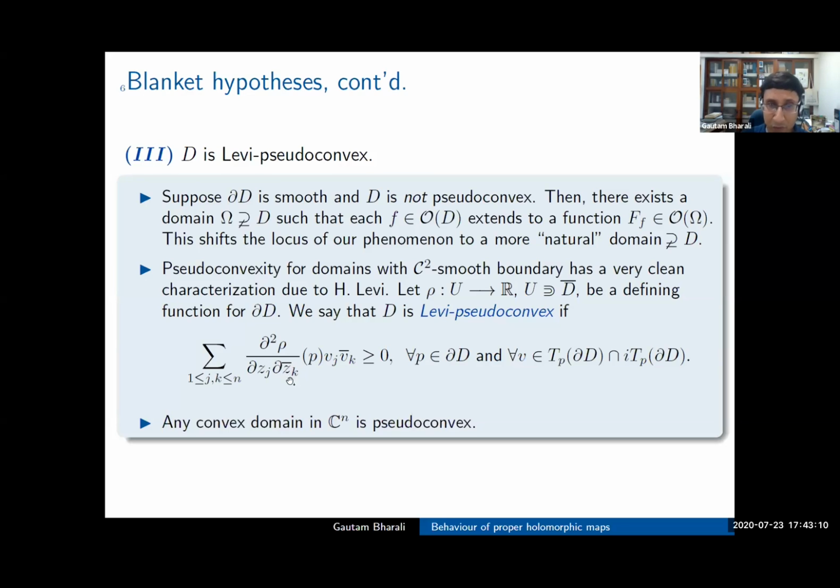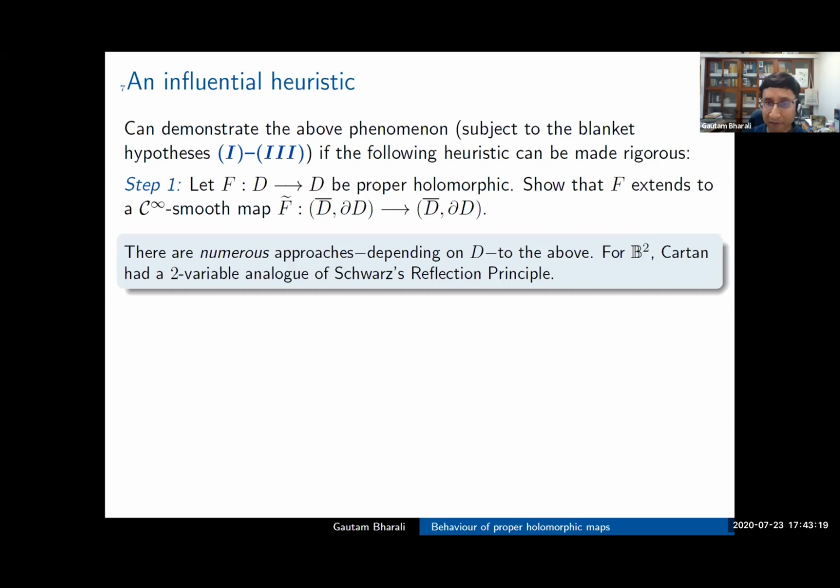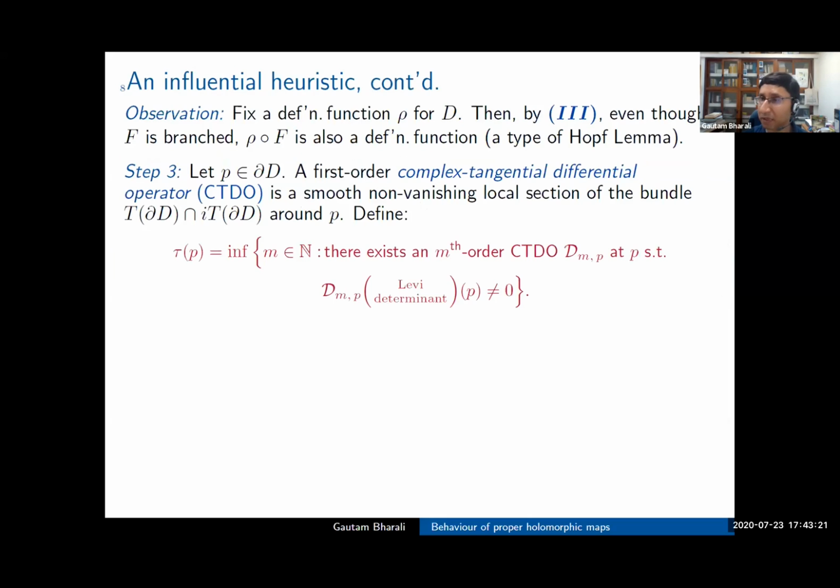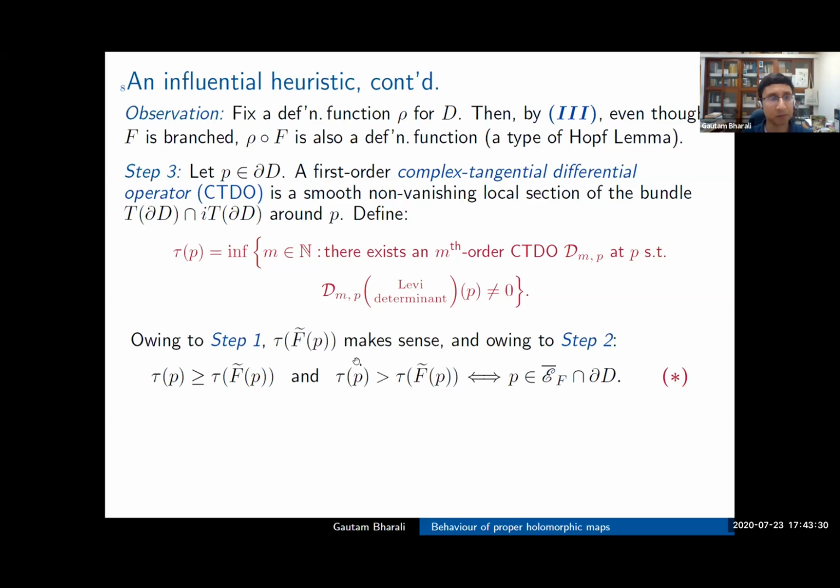Now, please check that the restricted form itself is a Hermitian form, and the Levi determinant is simply the determinant not of the complex Hessian, but of the Levi form. That's what I mean by the Levi determinant.